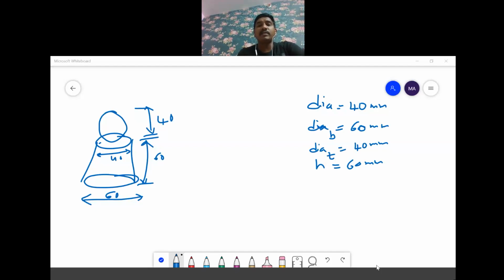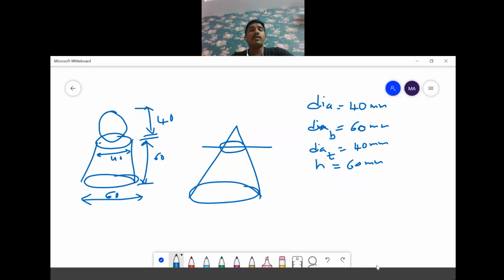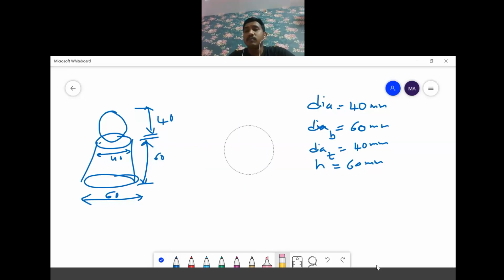If you have a cone like this and I cut it at this point with a section plane, it will form a frustum of a cone. Here you have to draw this frustum in isometric projection, and after that draw a sphere on it. I will explain the procedure you will follow.